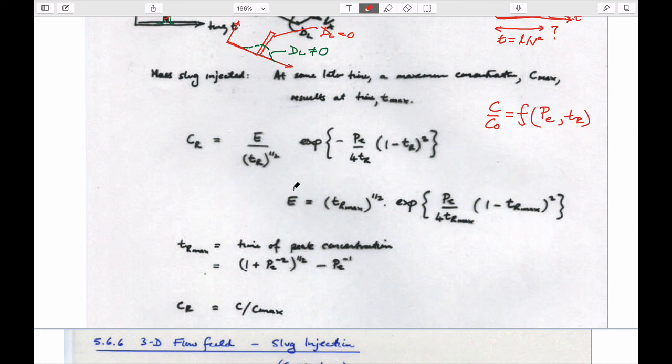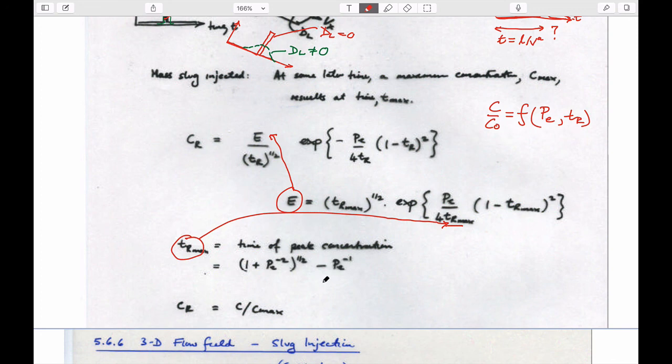As you can see, this is this term here. Peclet number, pore volumes. This only contains Peclet number and pore volumes as well. But it includes a slightly different one, which is equal to the time of peak concentration. And the time of peak concentration is just this number here, which is the square root of 1 over Peclet number squared, minus 1 over Peclet.